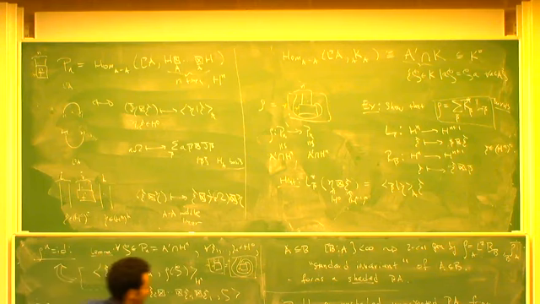Now I take adjoints. Really fun what happens: R beta creates a beta on the right-hand side, L beta star annihilates on this side.